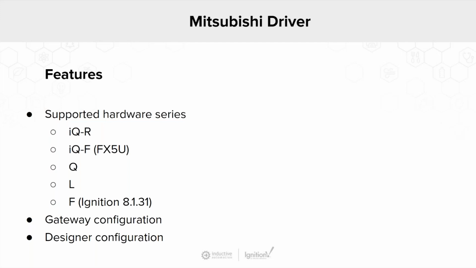Speaking of Ethernet ports, the one thing to note is that Ethernet connectivity to the device is needed for this driver. We do not support serial connections with this driver. And similar to the Modbus driver, you can address the Mitsubishi driver through the gateway and upload a list of addresses, or through the Ignition Designer following the OPC-UA server node syntax.